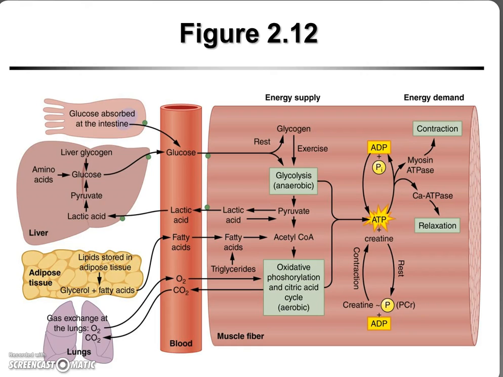I like this slide right here because figure 2.12 in your book is a good overview of several of these energy systems at work. Here you see the ATP-PC out here, a standalone system by itself, and you see glycolysis working together, forming pyruvate, some lactic acid, forming acetyl-CoA, and right on down into the Krebs cycle.